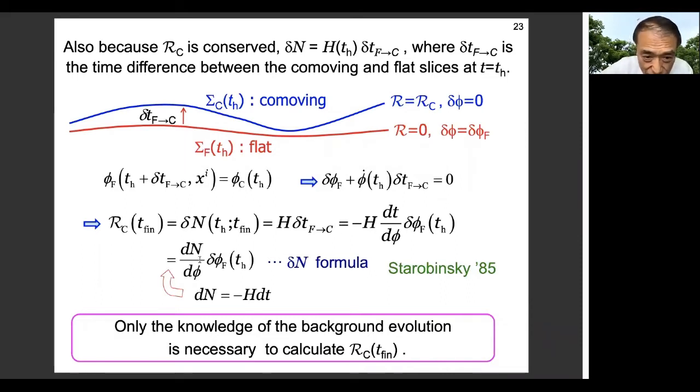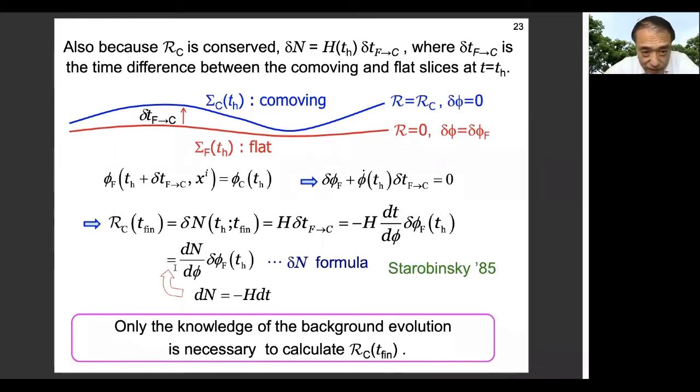So as soon as you know n as a function of phi, then you can immediately compute this part and you can get the final amplitude. And this delta phi f can be computed, as I said, by some quantum field theory computation. So this is the delta n formula, which was intuitively first derived by Starobinsky in the '85 paper.